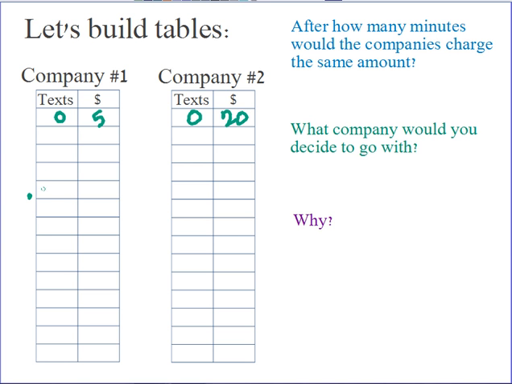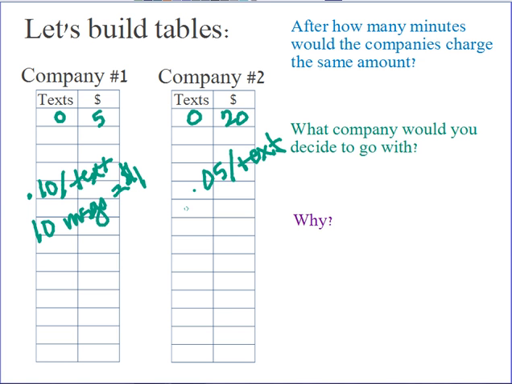Now, at 10 cents per text, it would take me 10 messages to equal $1. So for every 10 messages I send, they're going to charge me $1. On the flip side, at 5 cents per text message, it would take me 20 messages before I was charged a whole $1.